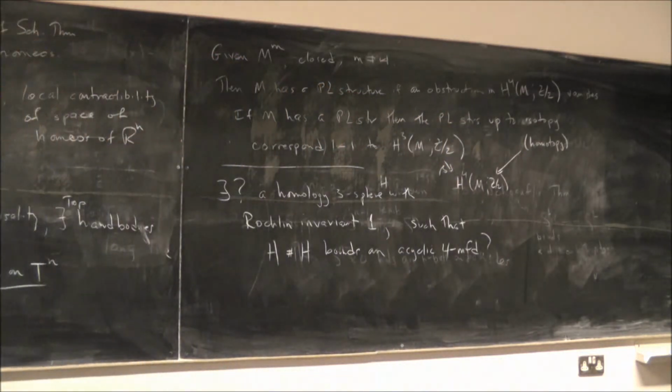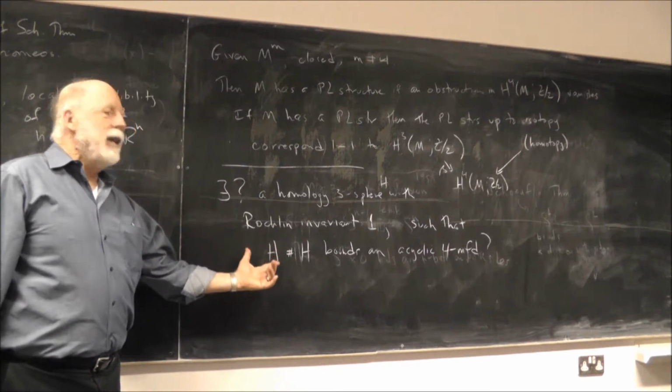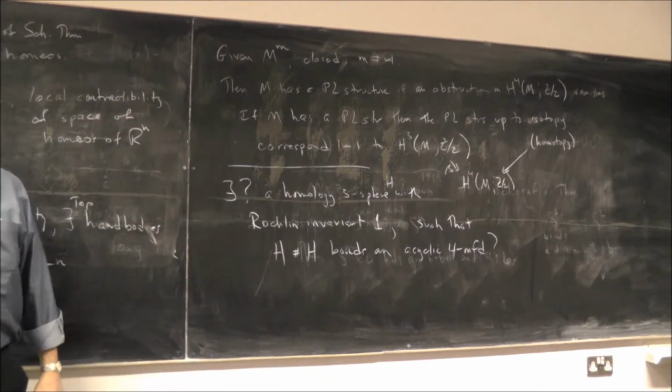And if it does, I think this is the version, don't quote me on this, I haven't looked it up recently, then every topological manifold has this weak kind of triangulation.